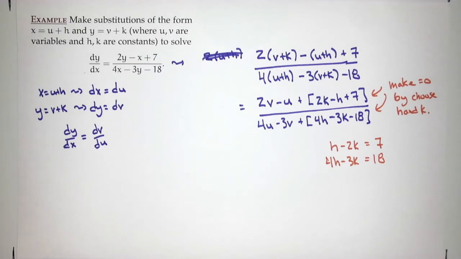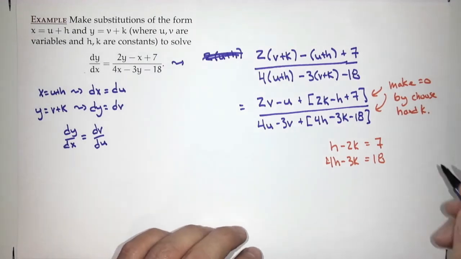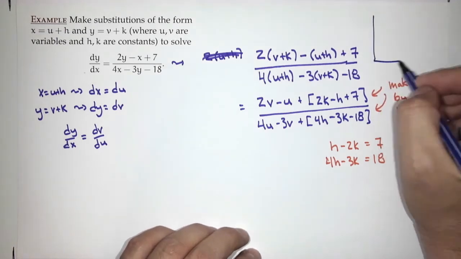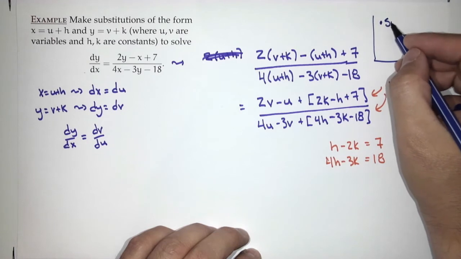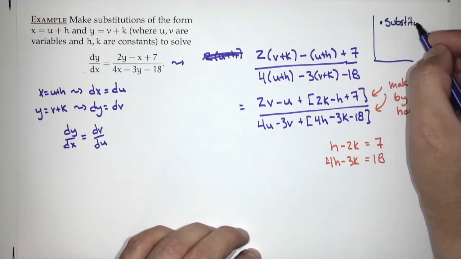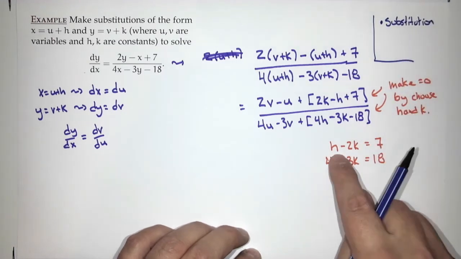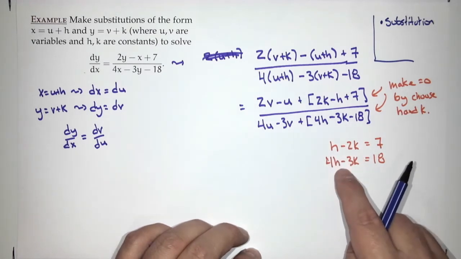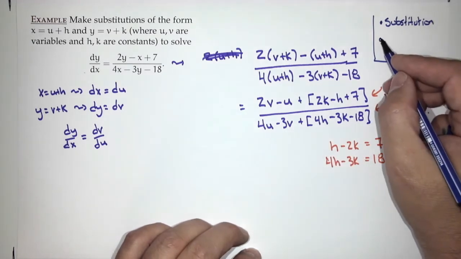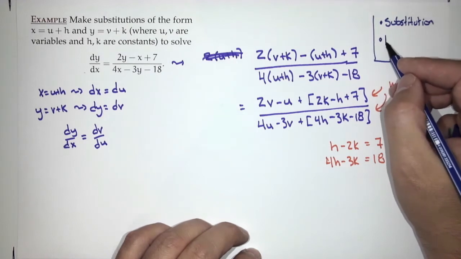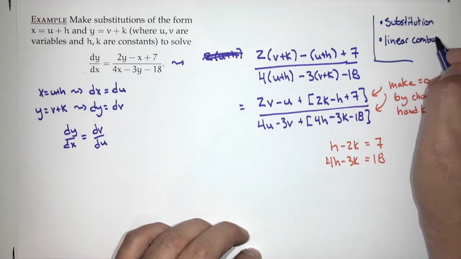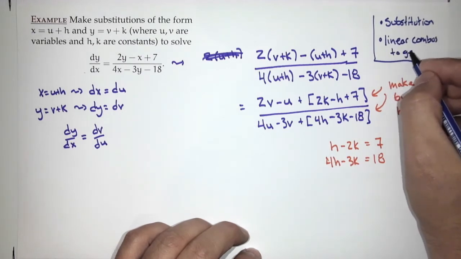Okay. So in general, there's two strategies that you can think of. One strategy is substitution. And that strategy says what? Well, solve for h in one, plug into the other. That's the idea of substitution. And the other one, which is in my mind the better strategy, is linear combos to get 0.